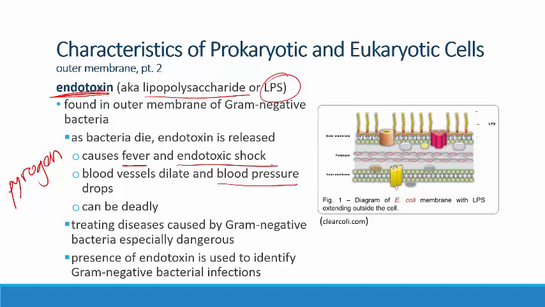So it's especially important to know when you're dealing with a systemic infection that's being caused by a gram-negative bacteria, because treating it vigorously can cause a great big release of endotoxin and the resulting endotoxic shock. As well, we can use the presence of endotoxin in body fluids as a means of identifying that a gram-negative bacterial infection is taking place.